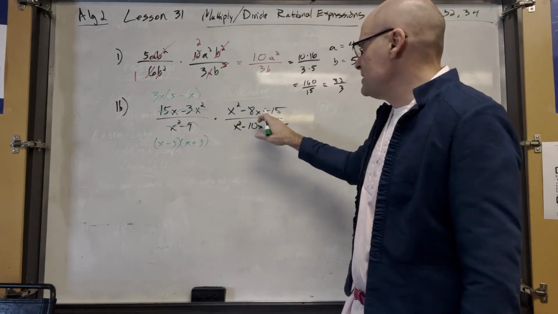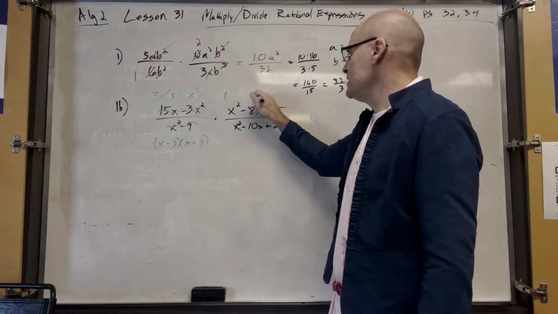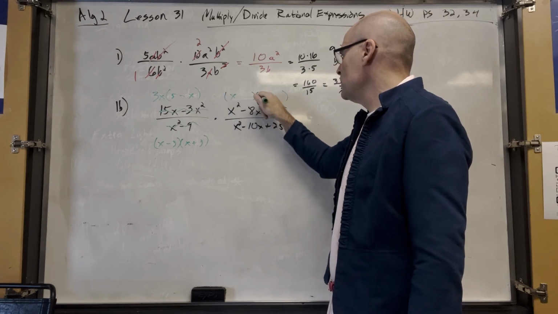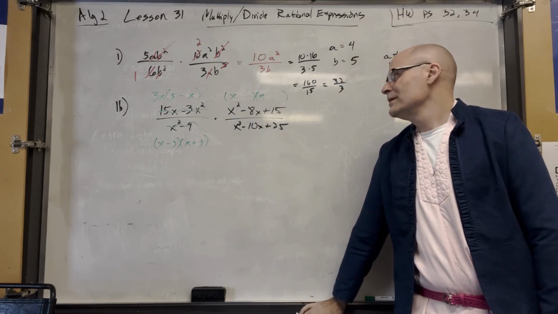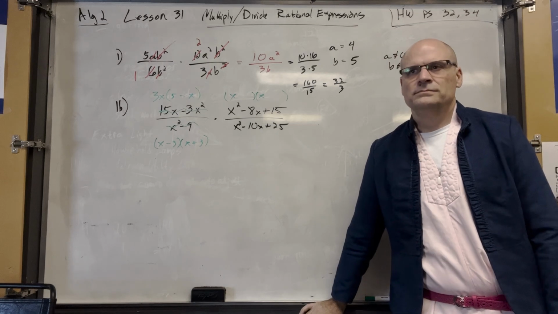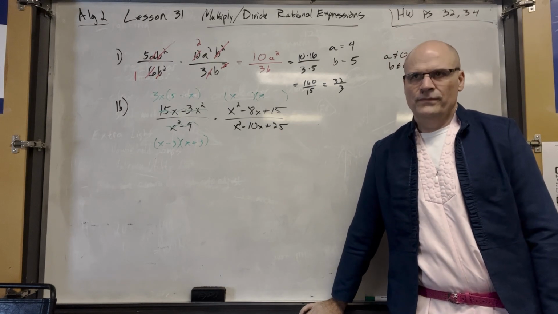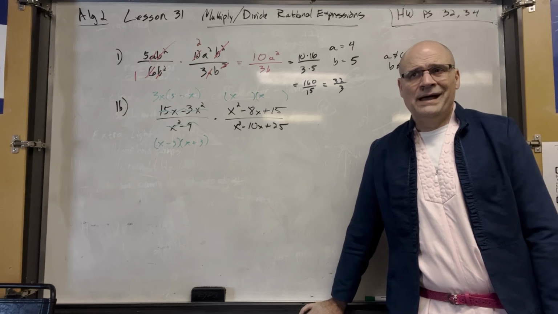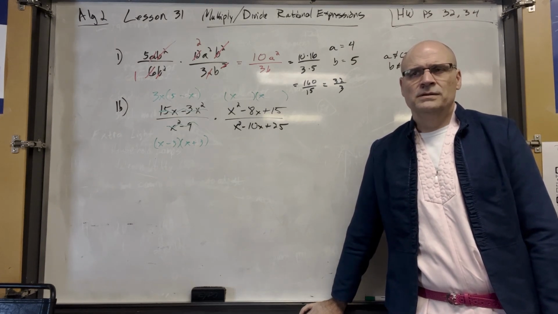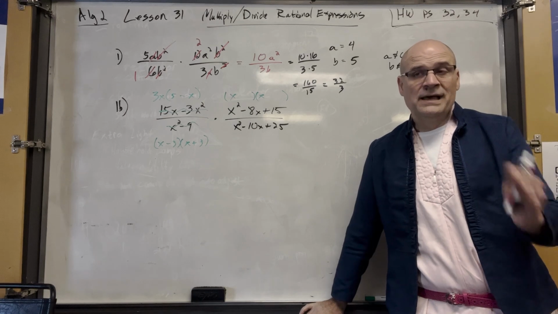All right, what about this? This is a trinomial. What's the magic question? What adds to -8 but multiplies to positive 15? How do you add to a negative number but multiply to a positive number? Will you add 2 negatives? Yeah, it has to be 2 negatives.